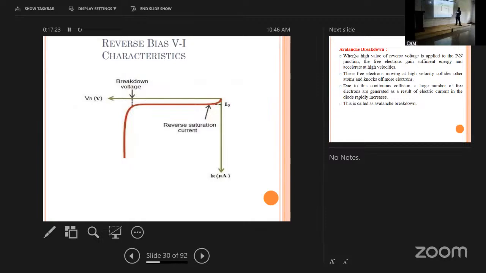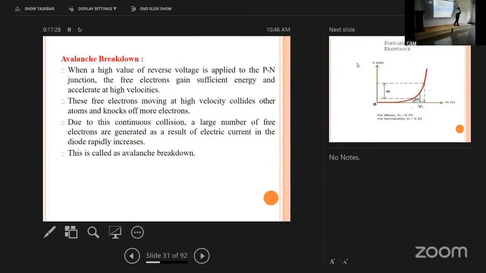Okay, right. Next. In a PN junction diode, we will find out the static resistance and dynamic resistance. What is meant by static resistance? Static resistance is nothing but DC resistance, and dynamic resistance is known as AC resistance.